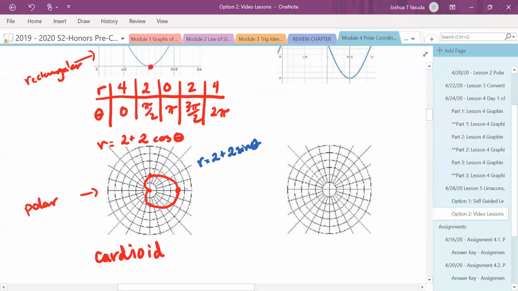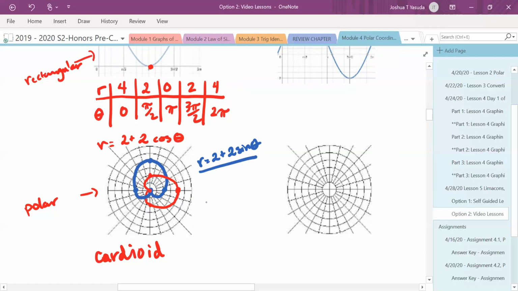So the first point is going to be over here. And I'll talk about y on the next page. 1, 2, 3, 4. 1, 2. And then in the middle. And so then you would get yourself this beautiful looking heart. So that would be r equals 2 plus 2 sine of theta.